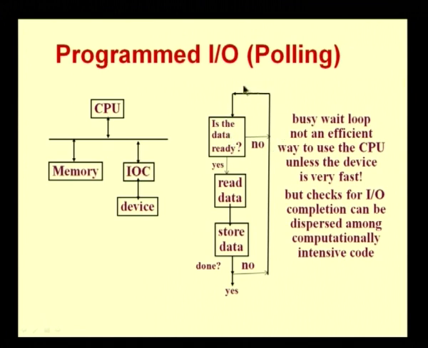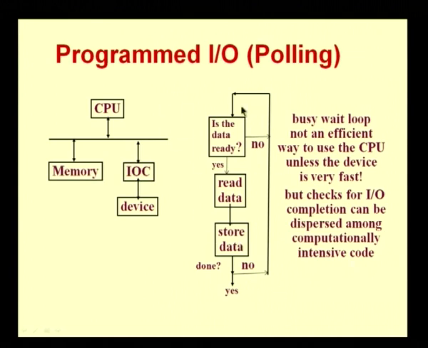So, if the data is not ready, it is in a busy wait loop. You can see that it is not efficient to use the CPU unless the device is really fast. If the data is ready, then you will read the data or store data, whatever you need to do, and once you are done, you complete; otherwise, if it is no, you go back and check whether the data is ready and so on.